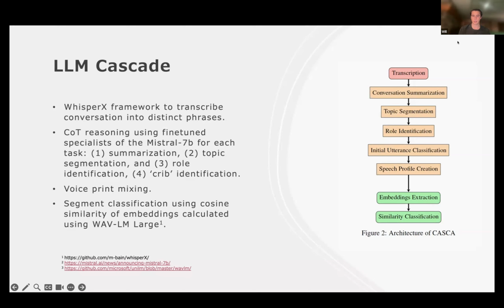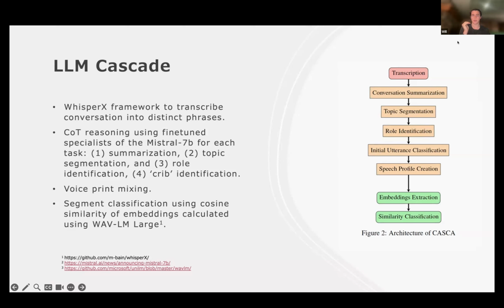Secondly, topic segmentation. I'll get into why that's necessary later. Thirdly, role identification. At each stage, we're passing upstream information to the downstream model, providing increasingly low-level context for the task at hand.